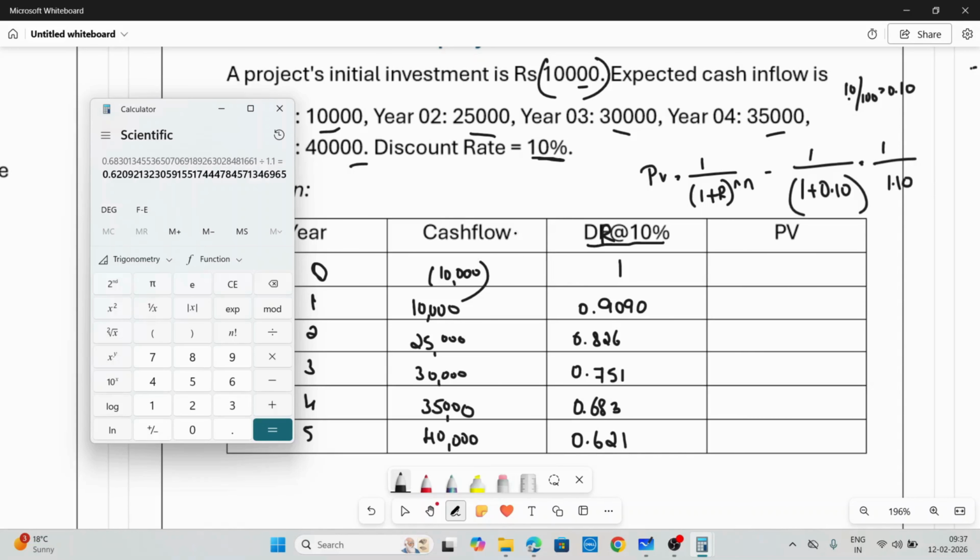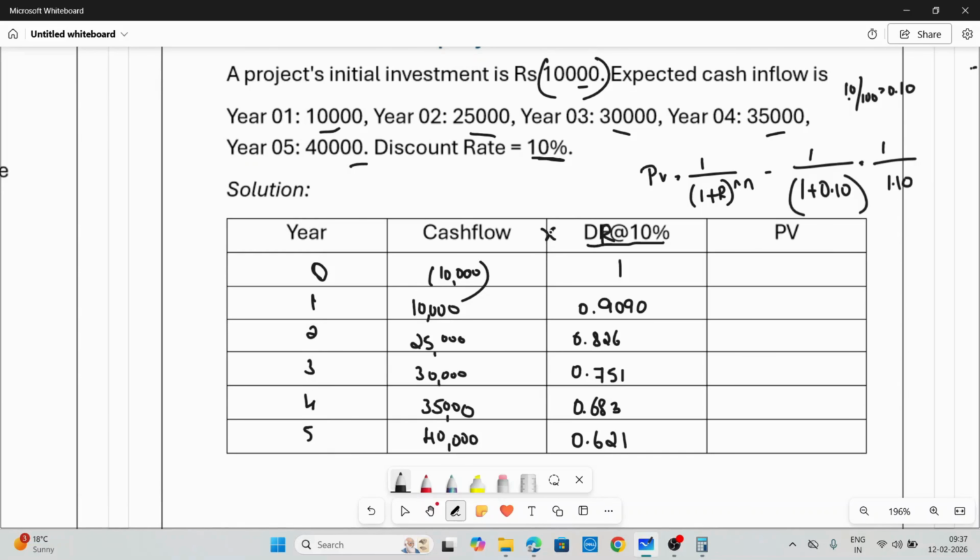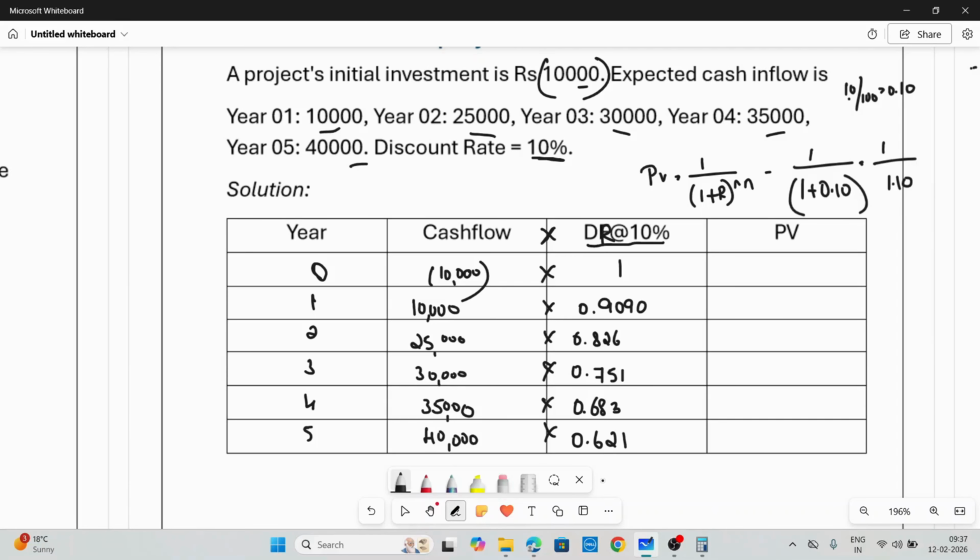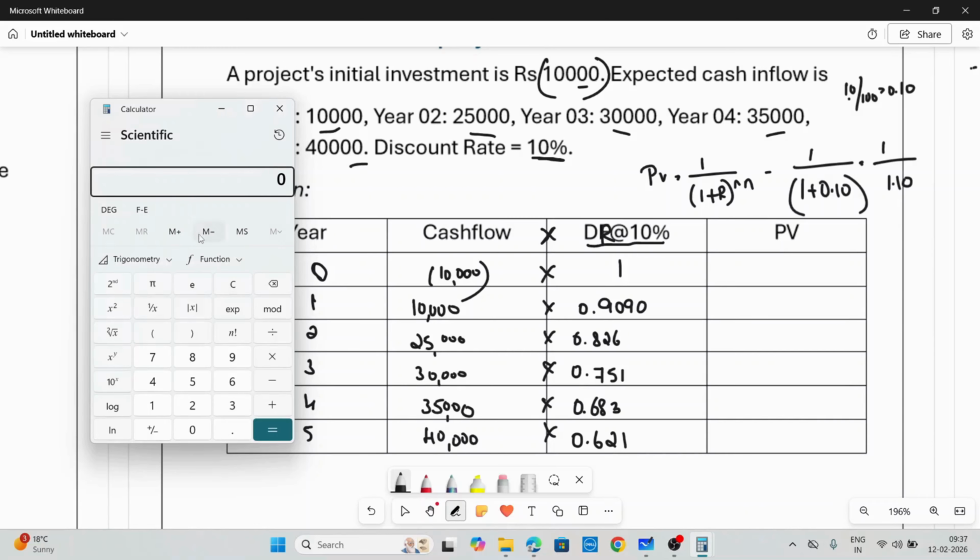PV is nothing but cash flow into discount rate. So you have to multiply this. So minus 10,000 into 1. What's the answer?